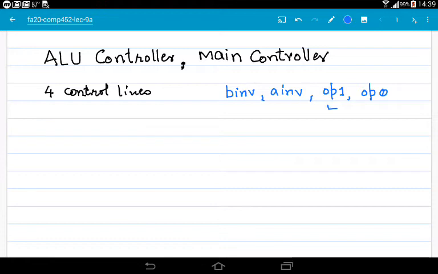And if you remember, these were select lines of the mux. Okay, we had a 4-to-1 mux, and these two, as their names indicate, negated the value of input A and B. So these 4 were the control lines of our ALU.